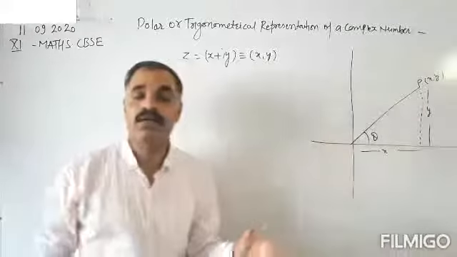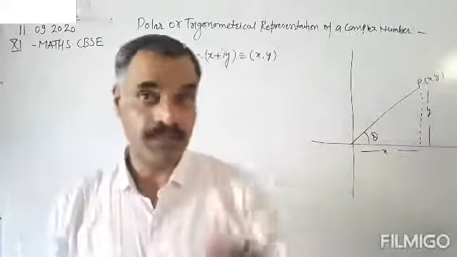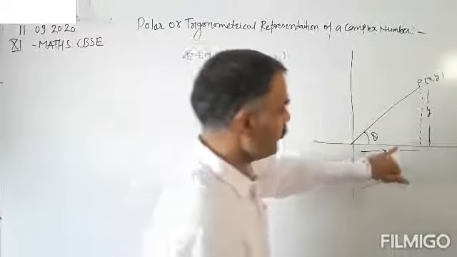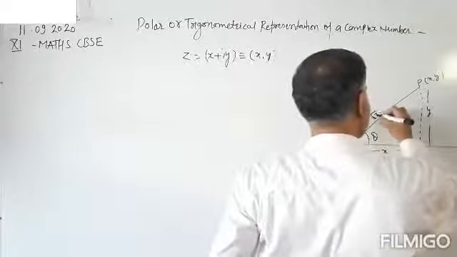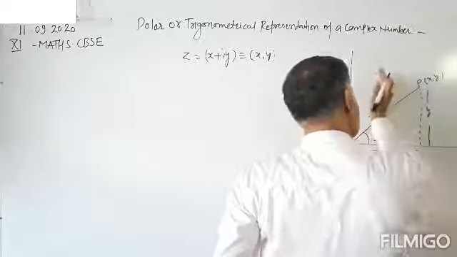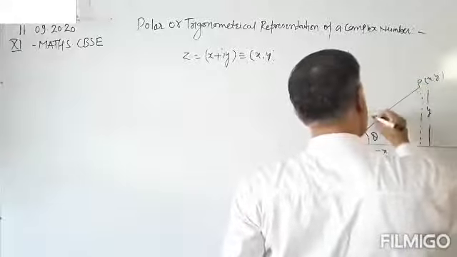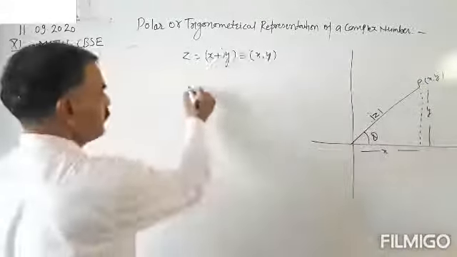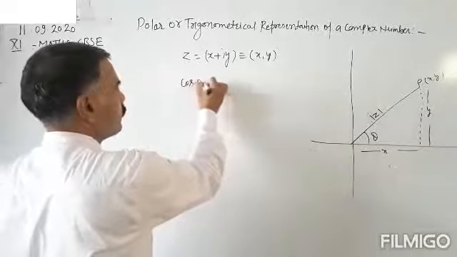That is the argument or the amplitude. We have already learned this. Now this is x and this is modulus z.